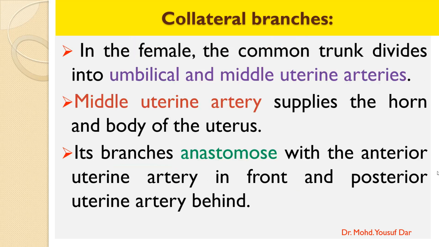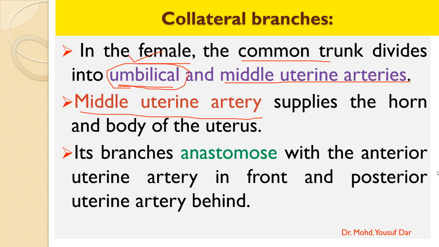In females, the common trunk divides into the umbilical artery and the middle uterine artery. The umbilical artery, as we discussed, is present in fetal life and forms the round ligaments of the urinary bladder.